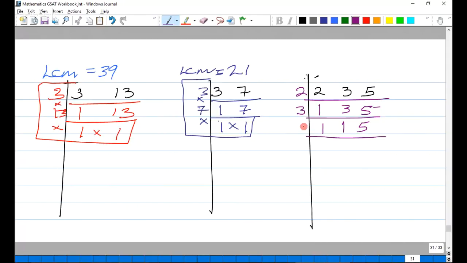Move on to which one? 5. Okay. 1, 1, and 5 into 5, 1. For the LCM, 1 times 1 times 1 is 1. 1 times 5 is 5. 5 times 3 is 15. And 15 times 2 will give me 30. Okay.